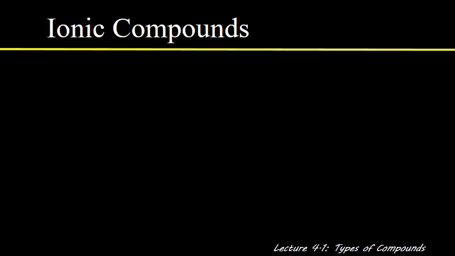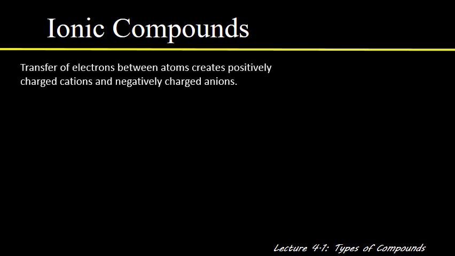All right, so first let's look at ionic compounds. Ionic compounds are composed of two ions, a positively charged ion, a cation, and a negatively charged ion, an anion, combined together to make an ionic compound.